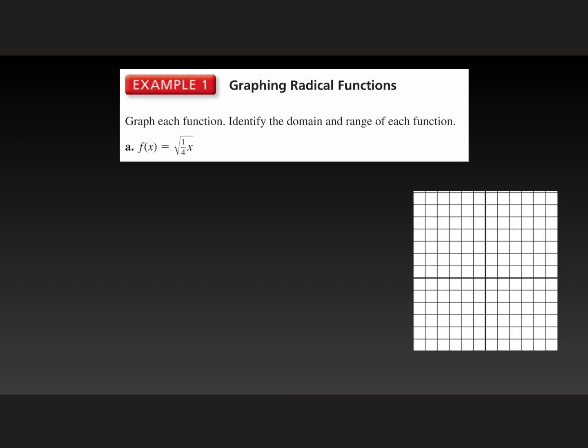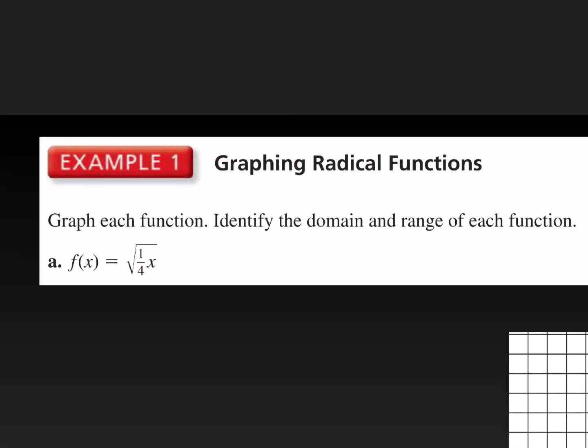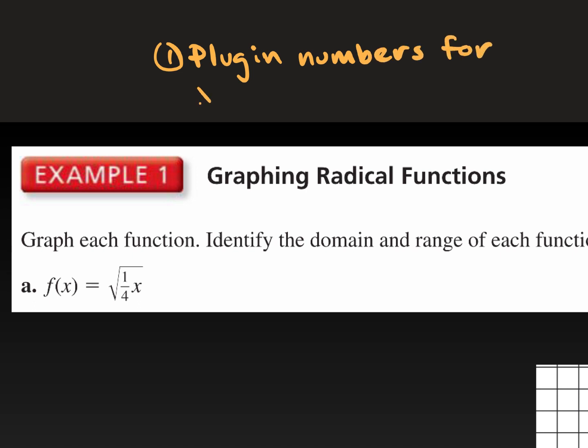So we can graph 2 different ways. The first couple examples, we're going to graph one way, and then the rest will graph another. So we can graph by plugging in values. So we plug in numbers for x and get points.